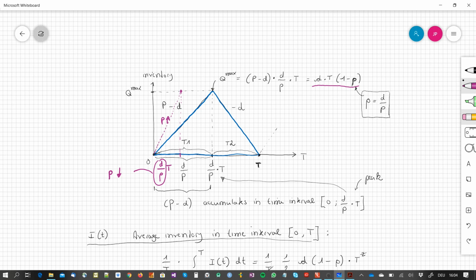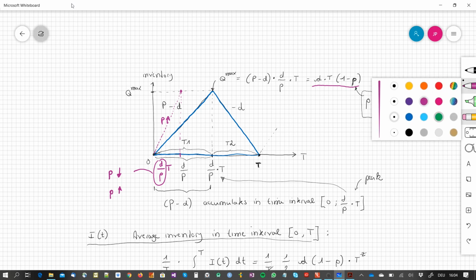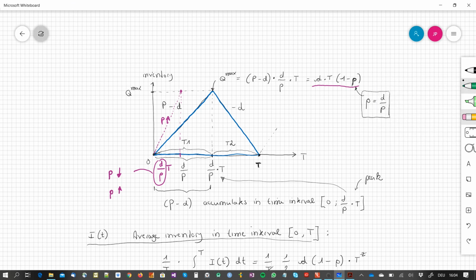On the other hand, when we increase rho, that means, if we say everything remains equal with this comparison, so the demand rate is equal, then the production rate would need to drop in order to increase this ratio.